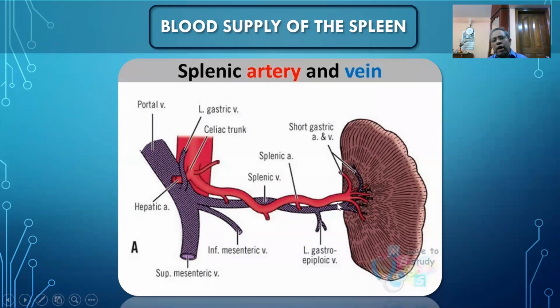Another branch, not shown here, is the left gastroepiploic artery, which also arises from the splenic artery. The veins also drain into the short gastric vein and the left gastroepiploic vein, which drain into the splenic vein. So this is the main arterial supply and venous drainage of the spleen.